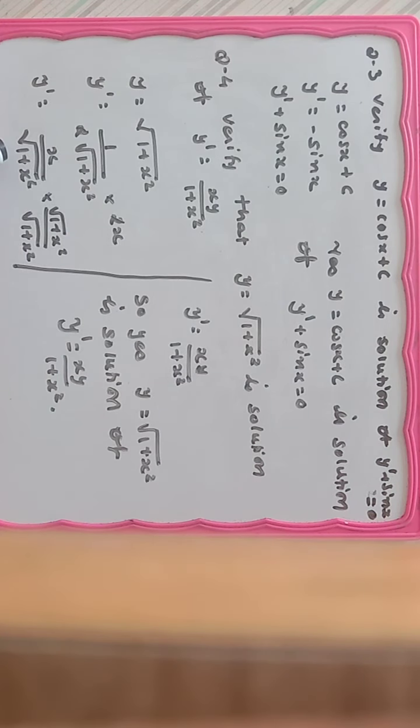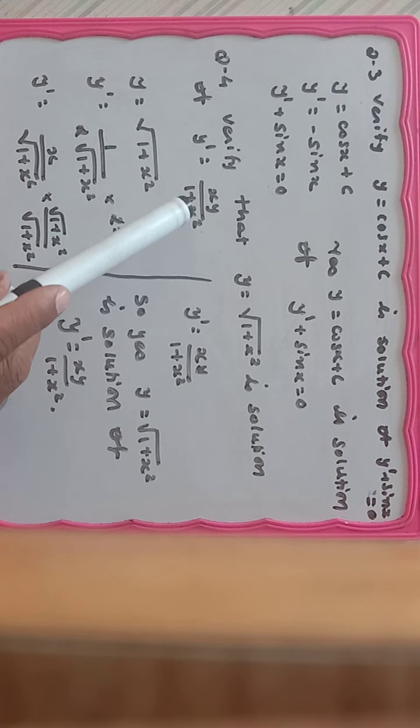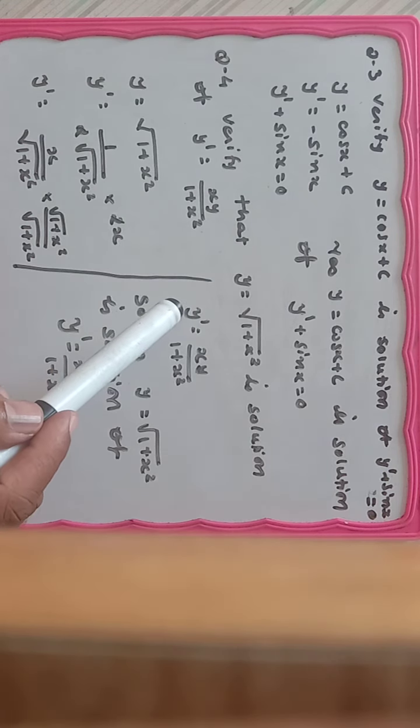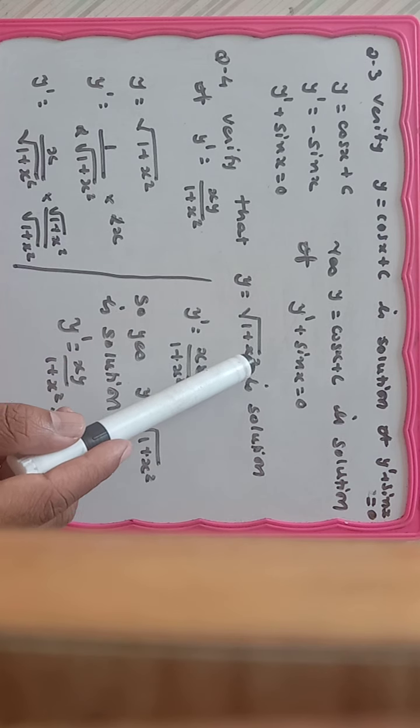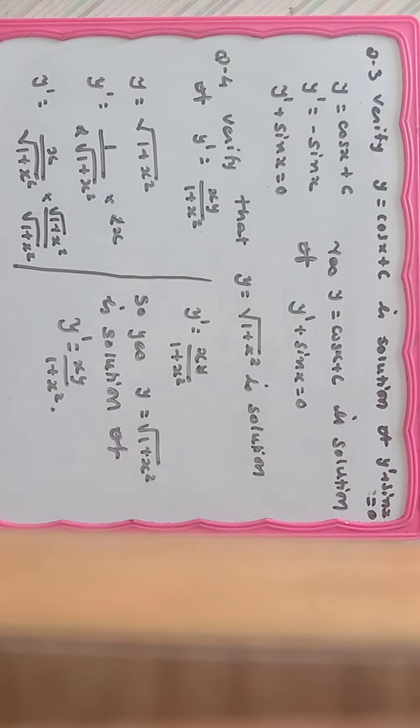To remove the square root, we multiply and divide by under root 1 plus x square. The under root 1 plus x square is y, so the numerator is x into y, and the denominator is 1 plus x square. So we are getting this equation, and yes, y equals under root 1 plus x square is a solution of y dash equals xy upon 1 plus x square.